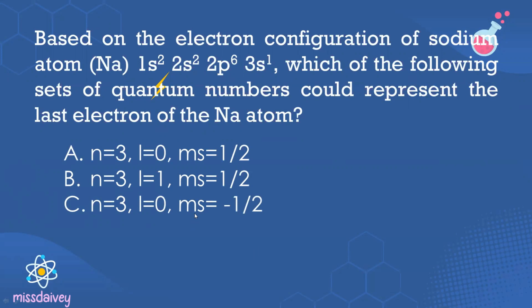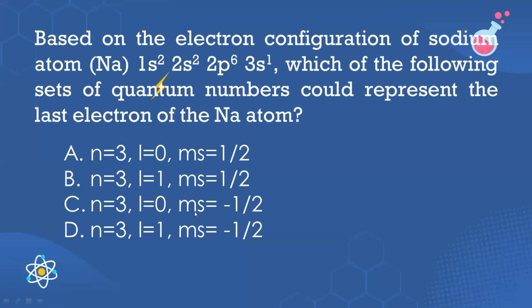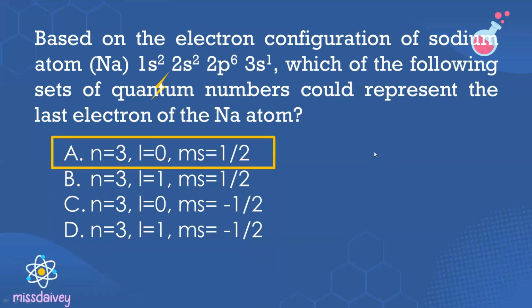C. n equals 3, l equals 0, ms equals -1/2. Or D. n equals 3, l equals 1, ms equals -1/2. The correct answer is A. n equals 3, l equals 0, ms equals 1/2.